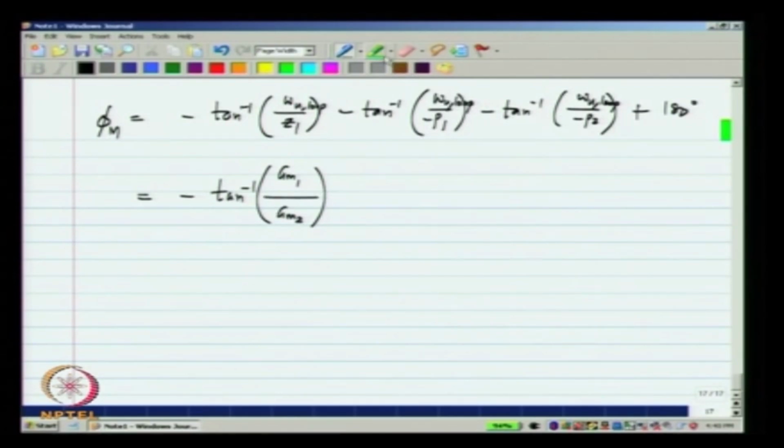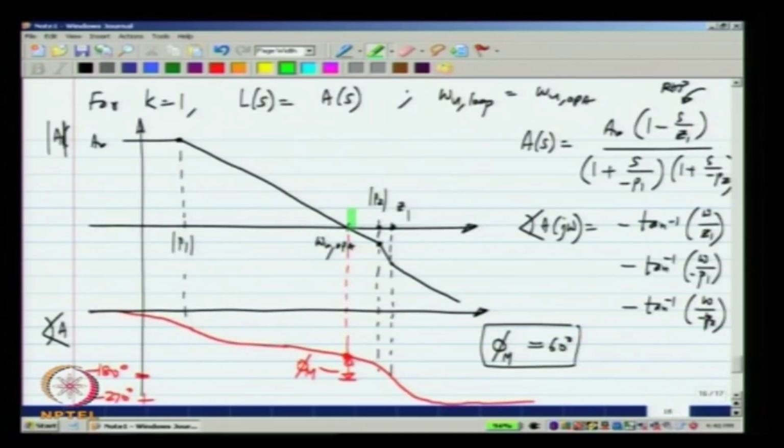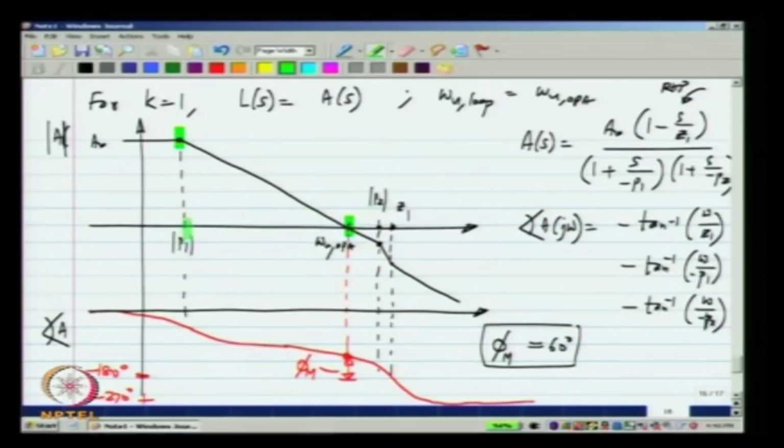The second one, this is the ratio of omega u loop divided by p1 and the tan inverse of that. Omega u loop is here and p1 is there, and they are very widely separated. What is the factor of separation between these two? It is very easy to see. This is 20 dB per decade drop. So, the separation between these two is the same as this number A naught.